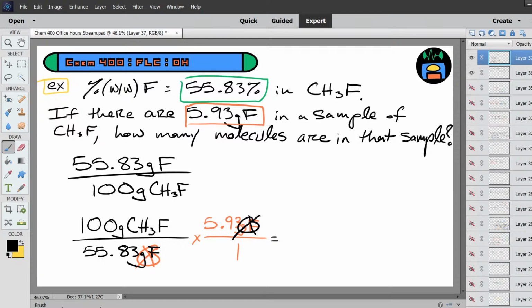So when we crunch our numbers, we get 100 divided by 55.83 times 5.93. This tells us that our total sample has a mass of 10.6215 grams.